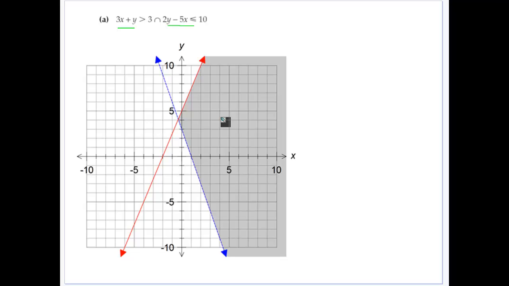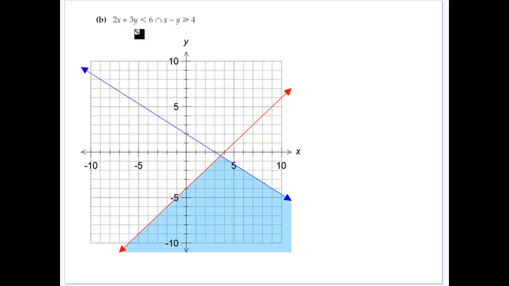Again, if you want to stop the video at any time and have a practice of the others and see how you go, then do that. But we'll move ahead. The next one, 2x plus 3y is less than 6. Well, that's our blue line there. And we've got x minus y greater than or equal to 4. That's our red line. So again, we're testing either side of those ones.